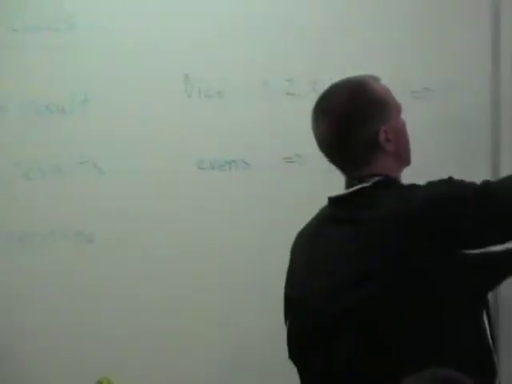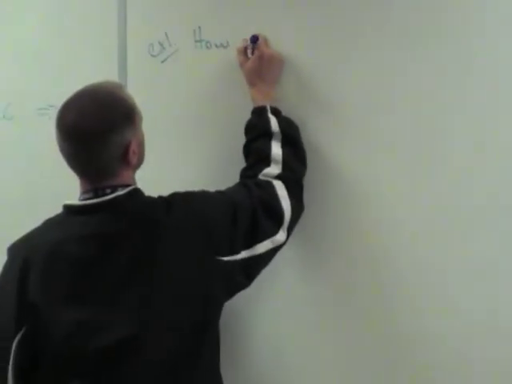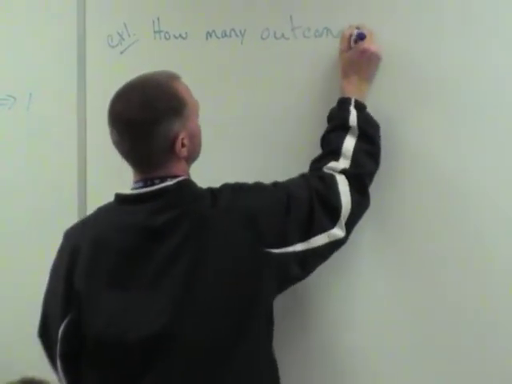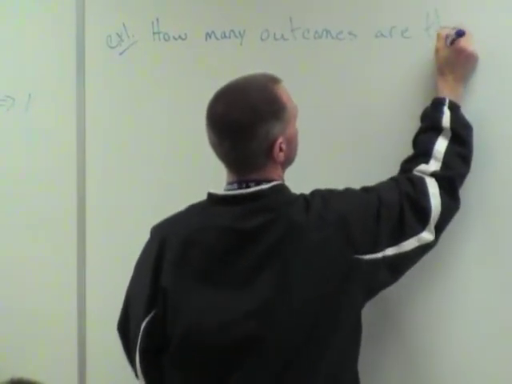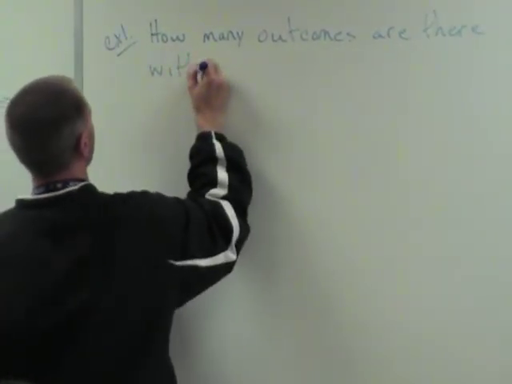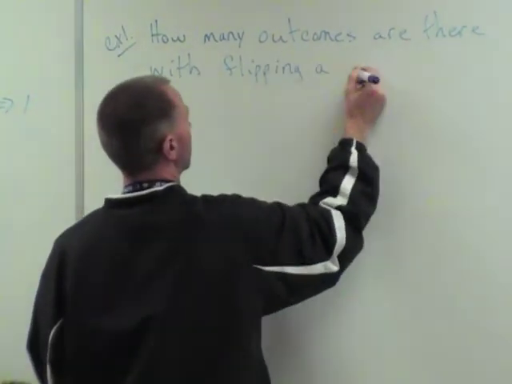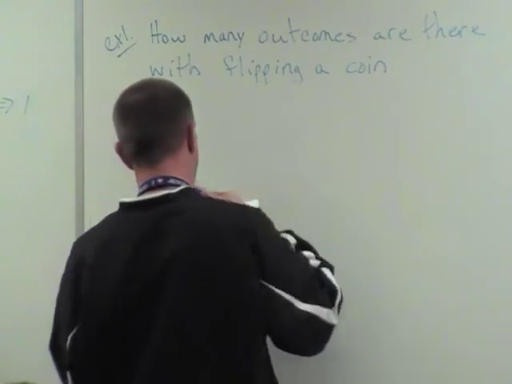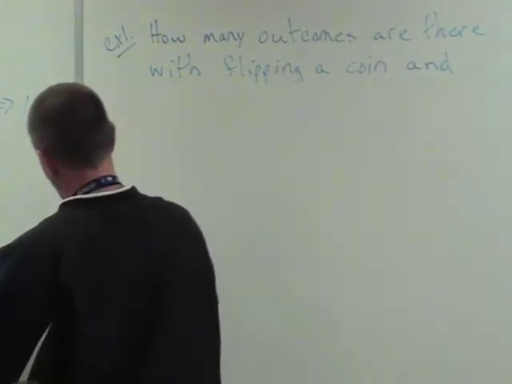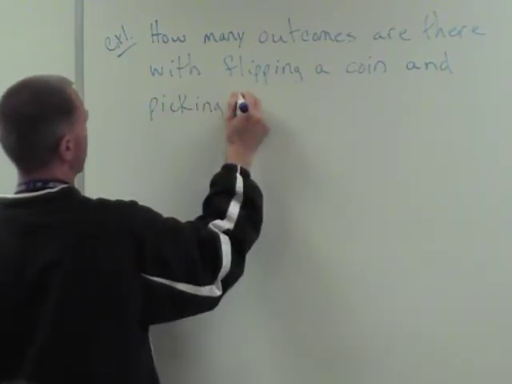So example 1, this is going to be a little writing here. How many outcomes are there with flipping a coin and picking between 4 shirts to wear?